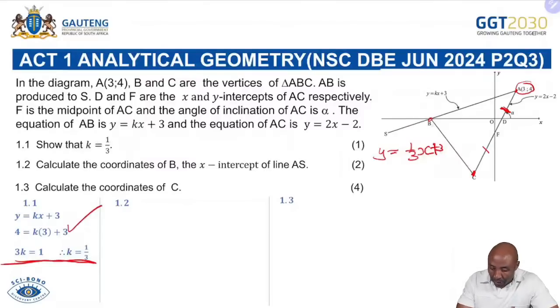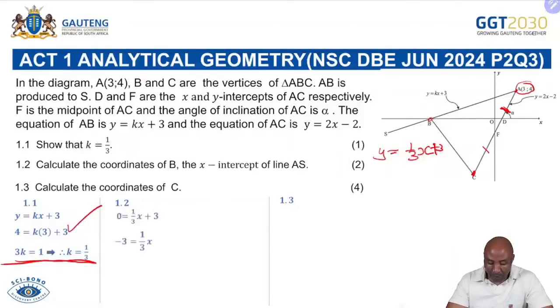So the coordinates of B, this is the x-intercept. We know that for our x-intercept, our y is 0. We substitute on our equation: 0 is equal to 1 over 3 x plus 3. We then transpose 3, we get negative 3 is equal to 1 over 3 x, and then this will give our x as negative 9.